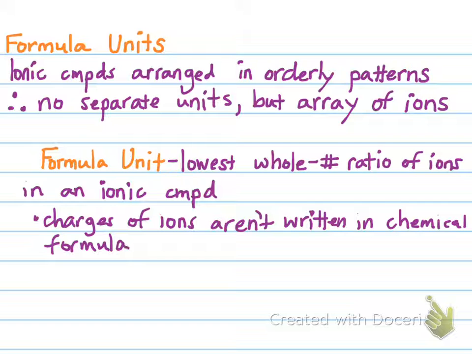Now, I will never count it wrong if you have your charges in there, but if you're going to bother to rewrite the chemical formula for an ionic compound, realistically, you should leave the charges out. Specifically, we can also say that a formula unit is the chemical formula for an ionic compound.